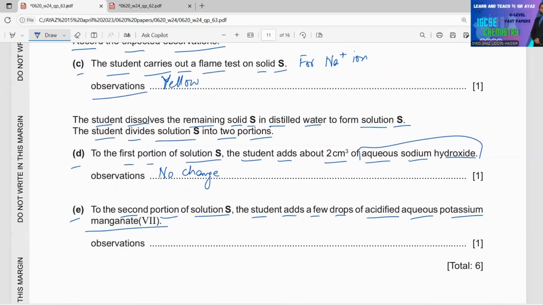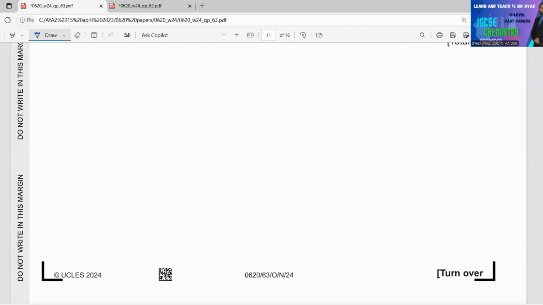So you will write purple is decolorized or purple to colorless. Both these statements are correct in this case.